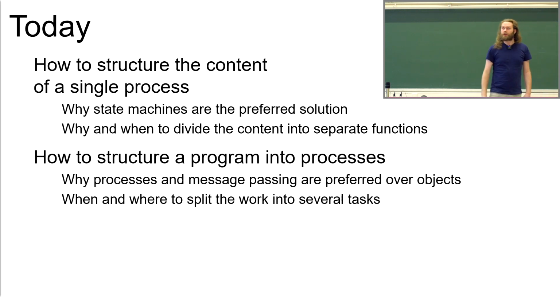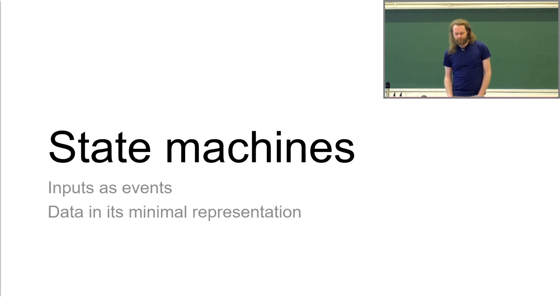Go, on the other hand, does have a lot of nice tools to do this, but it also has a larger toolkit. There's nothing stopping you from making bad code in any language, really. But first, the first design pattern, state machines.